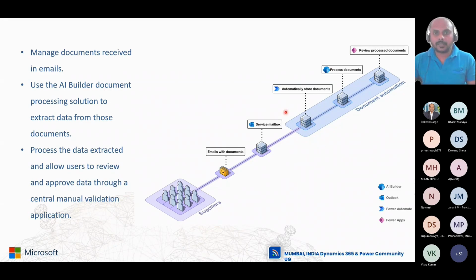These two parts majorly are where we are storing those attachments or invoices into our database, then passing those documents or invoices to our AI models, and the AI model does the automation.